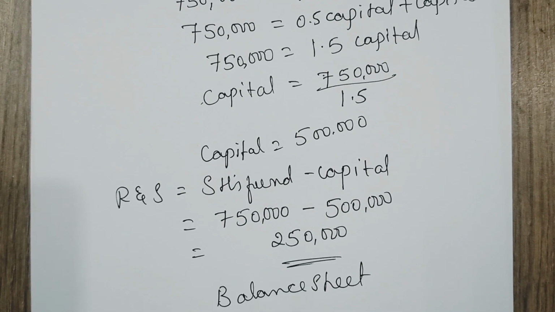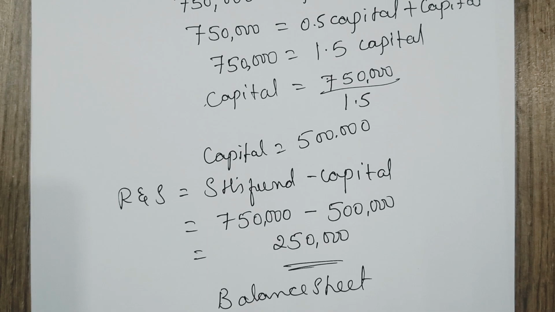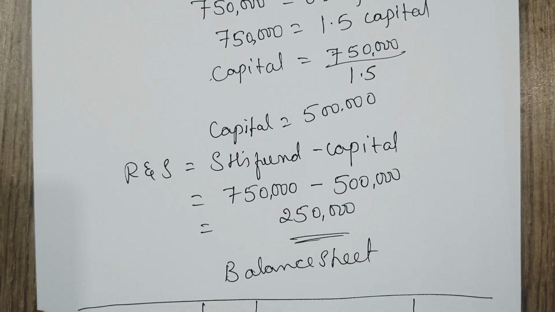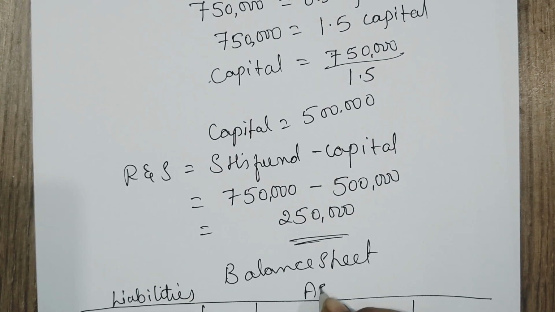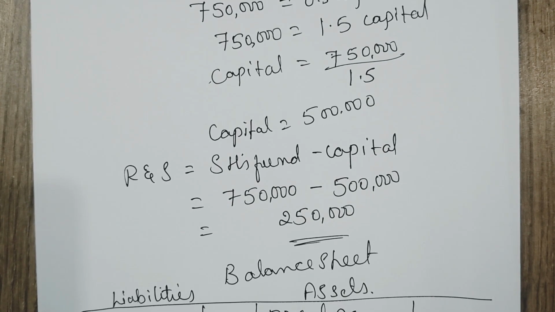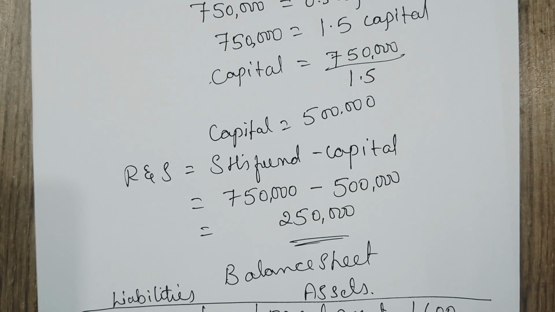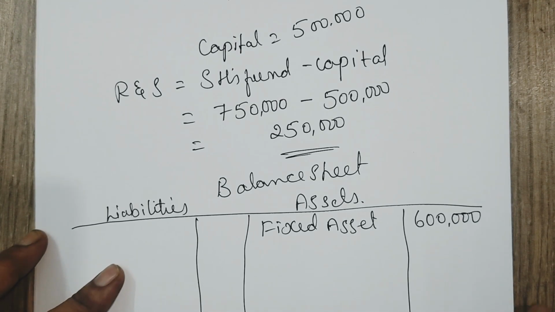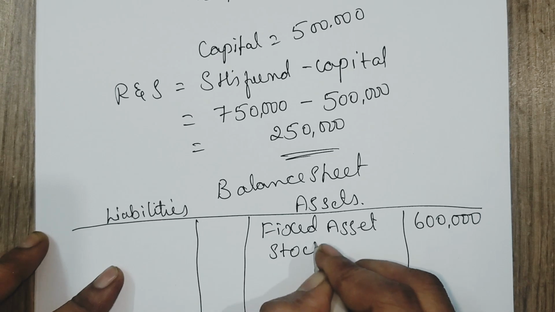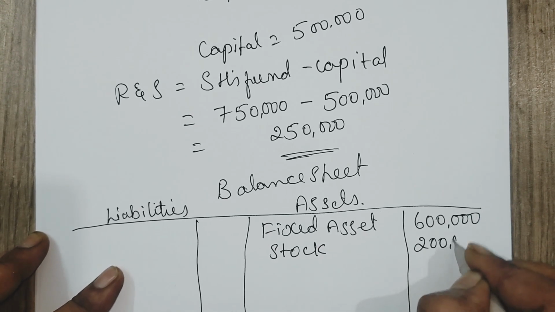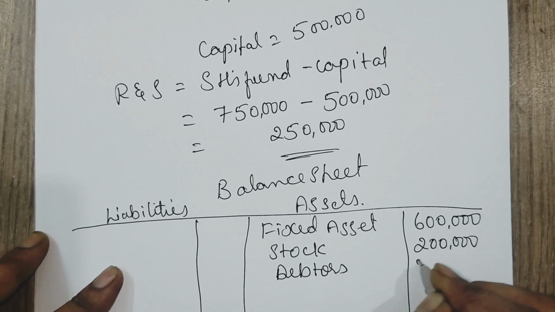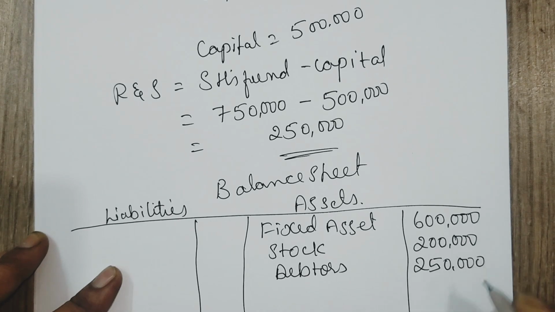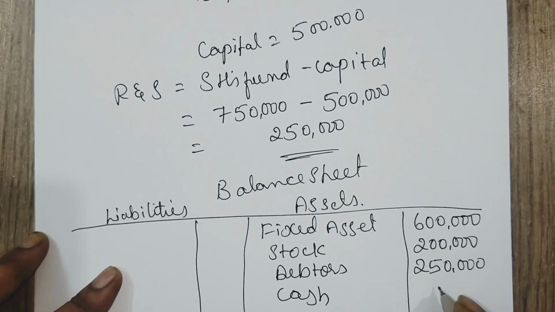Balance sheet. Liabilities. Assets. In assets, first we calculated fixed asset 6 lakh, stock 2 lakh, debtors 2,50,000 and cash 50,000.